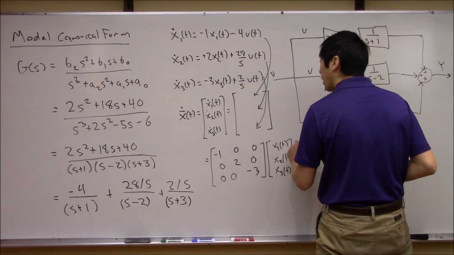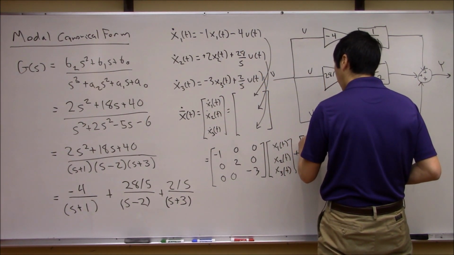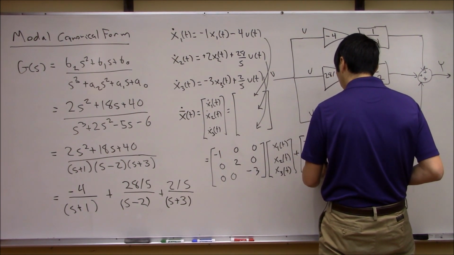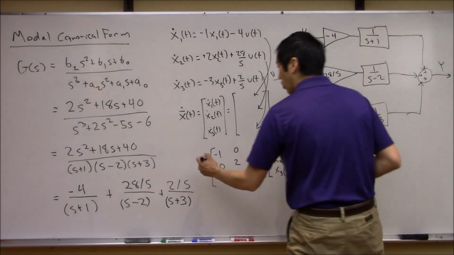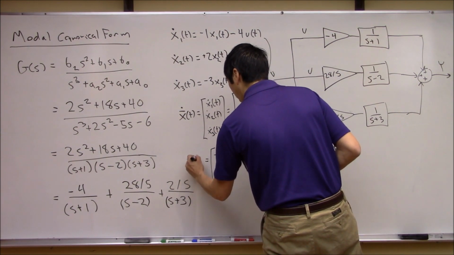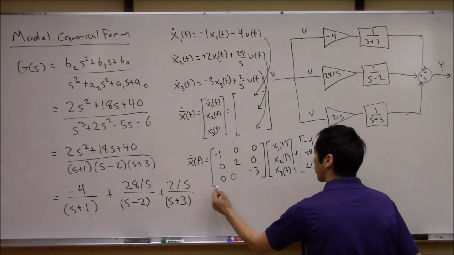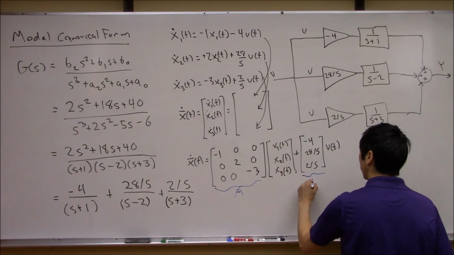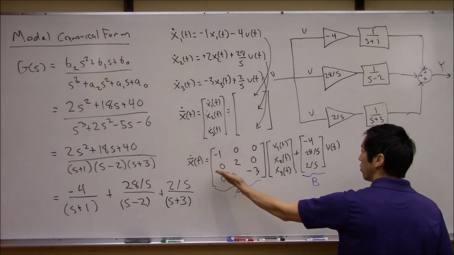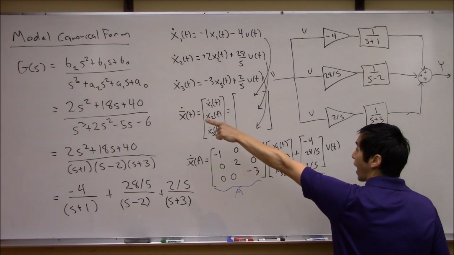And then I've got to add all these up, so now we've got the negative 4, 28 over 5, and 2 over 5, times u of t. So if you look, we now have x dot is equal to some matrix, let's call this thing the A matrix again, times x, plus some matrix, call this thing B, times u. So here you go. Here is your state space representation of that transfer function.